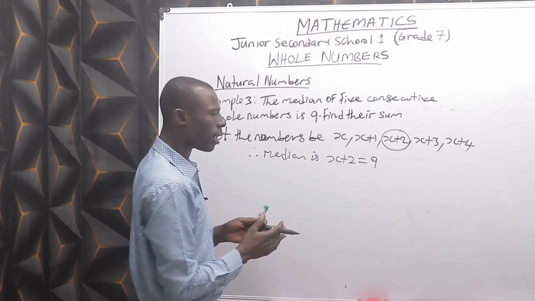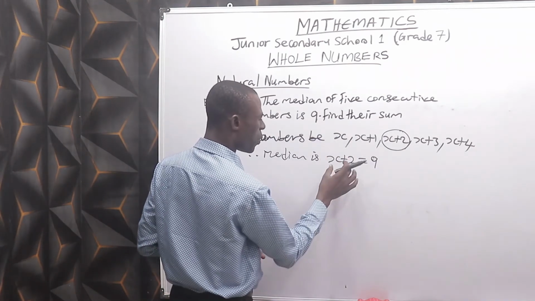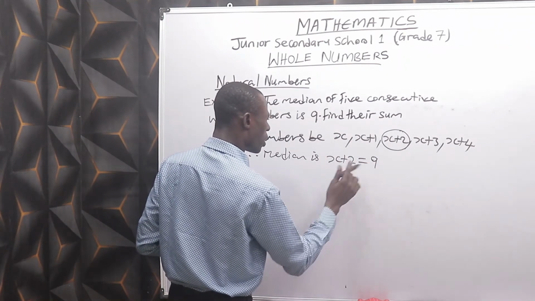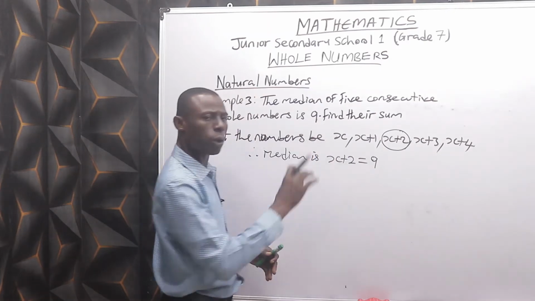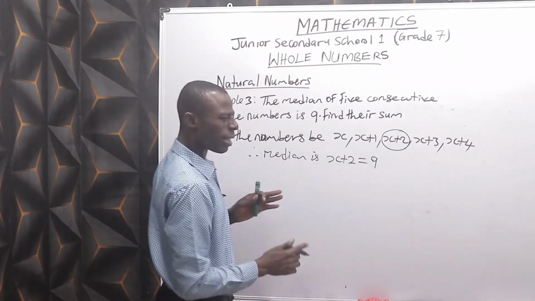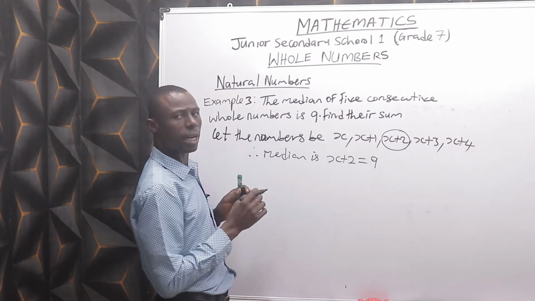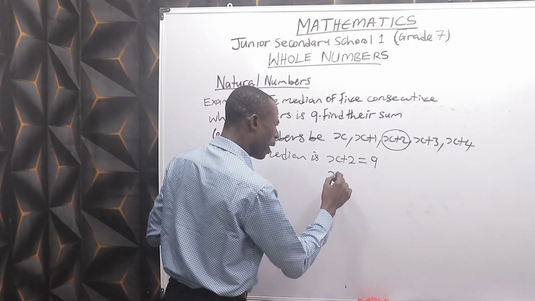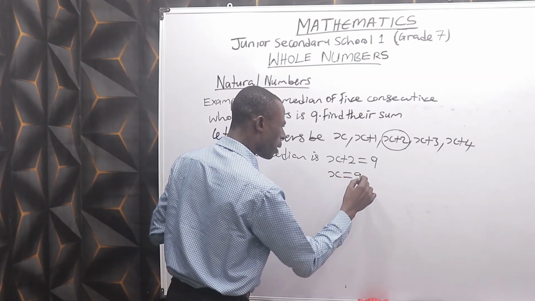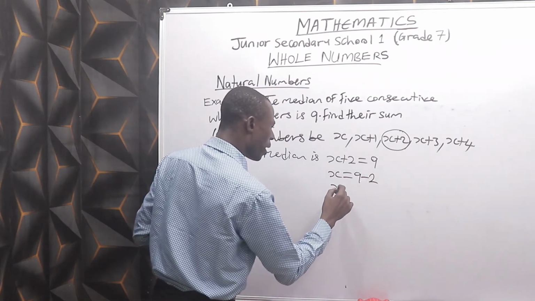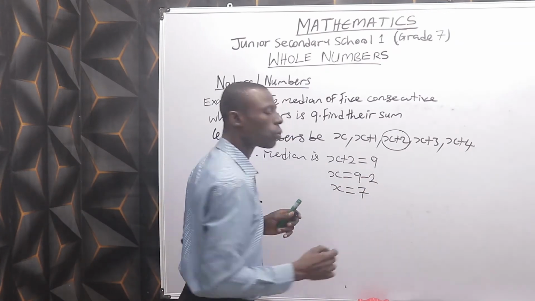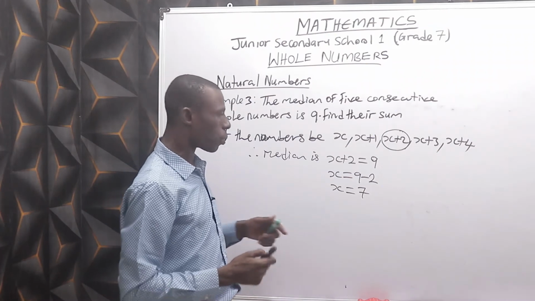So we equate them together: median given and median derived, x plus 2 equals 9. Solve this simple linear equation. We have x equals 9 minus 2. So x equals 7 is the solution of the simple equation.